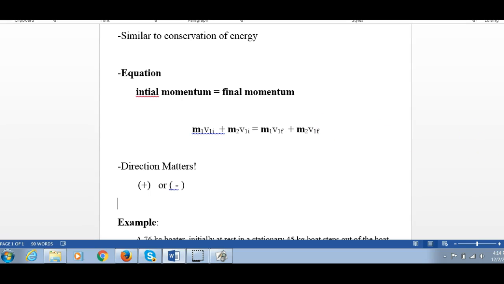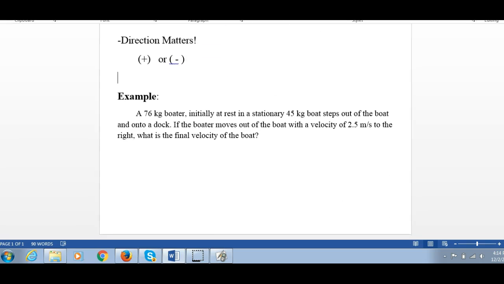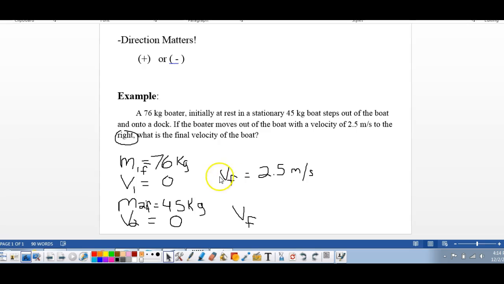So let's plug our numbers in here. Let's move our equation back down here. So these are the numbers we got. Let's write the equation up here. If you remember, the first initial part is 0, so we'll put that in, because neither are moving, the boat or the person. So then if we plug in for the other side, we have the mass of the person, 76.